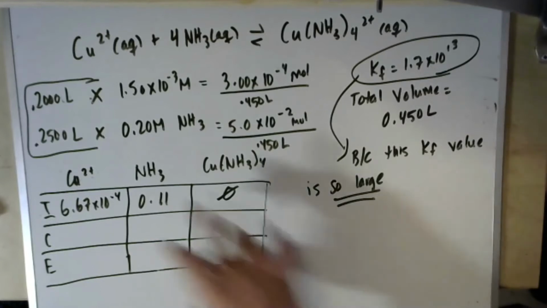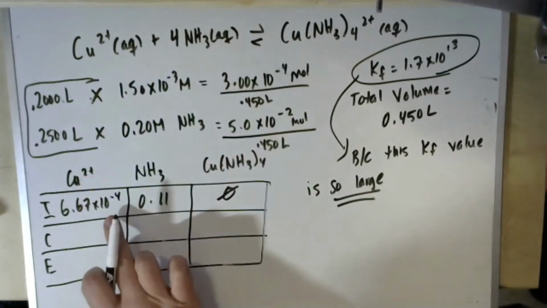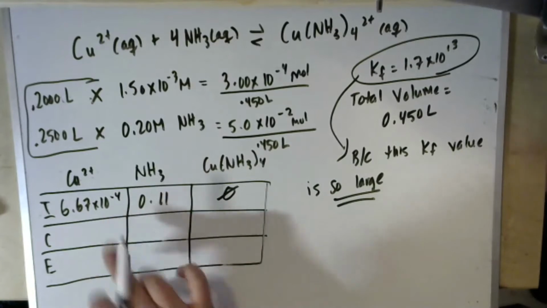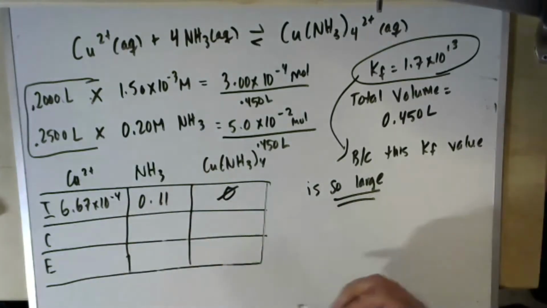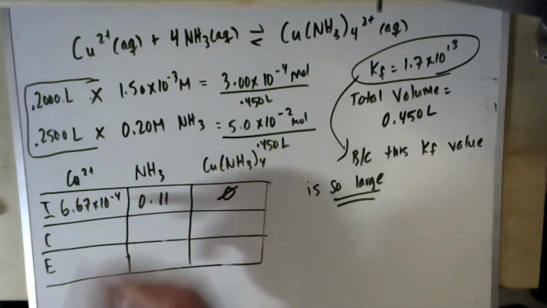so much larger than the concentration of the copper that we have here, particularly. We're going to be able to assume that almost all of the copper ion is going to be used up.